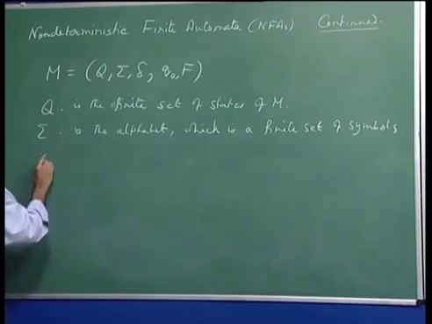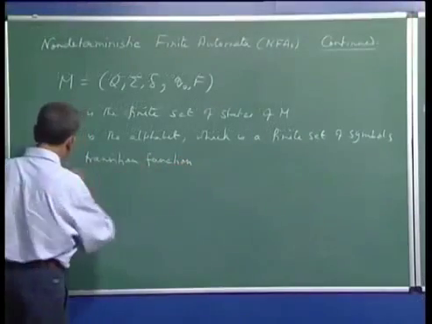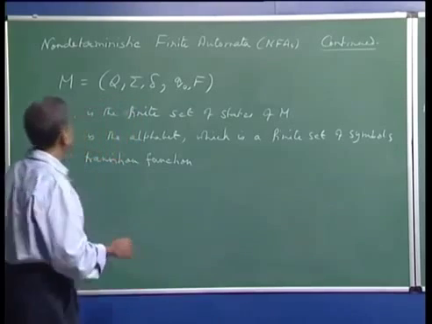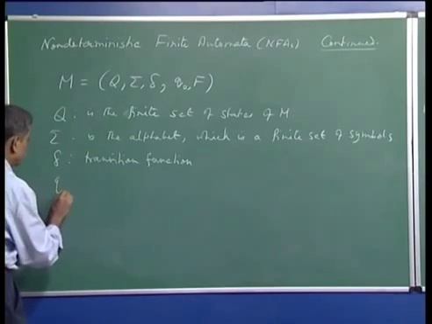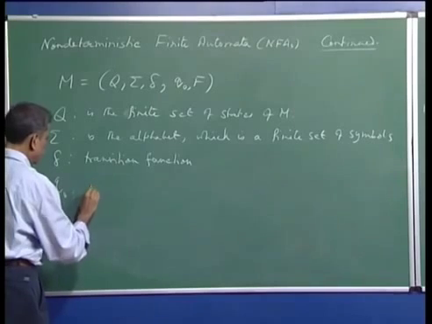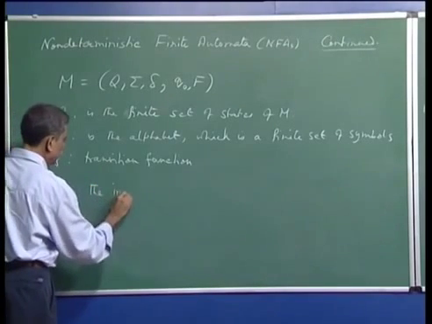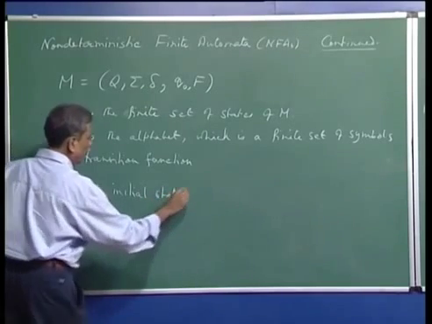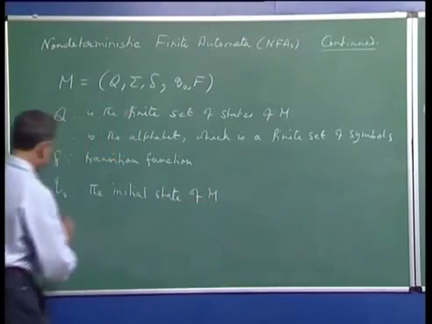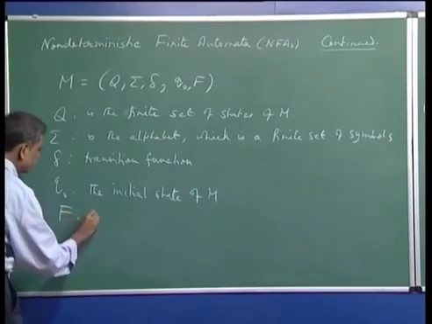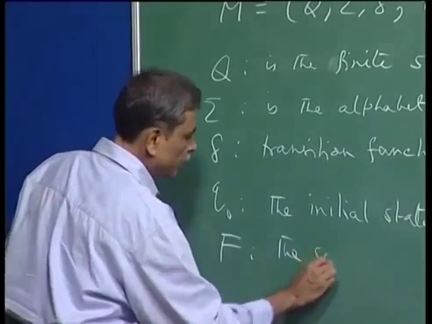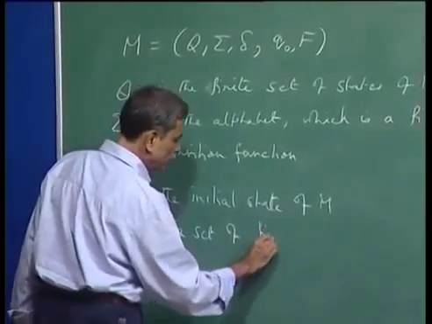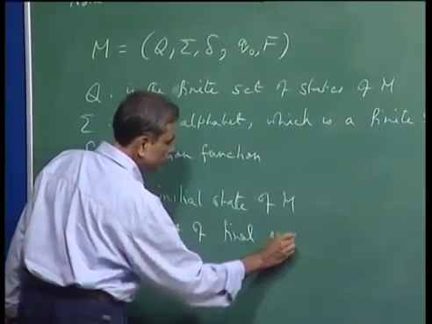Delta is the transition function, and it is here an NFA and a DFA would differ in general. Q0 is the initial state of the machine M, and F is the set of final or accepting states.